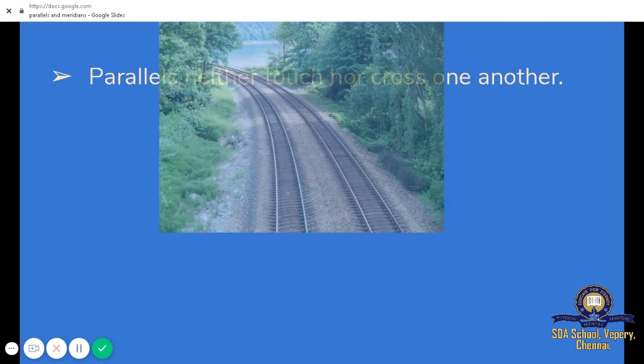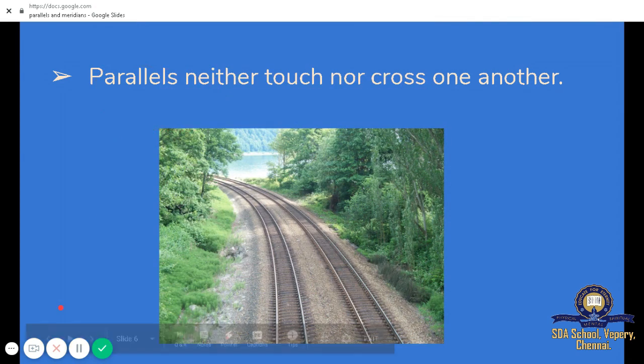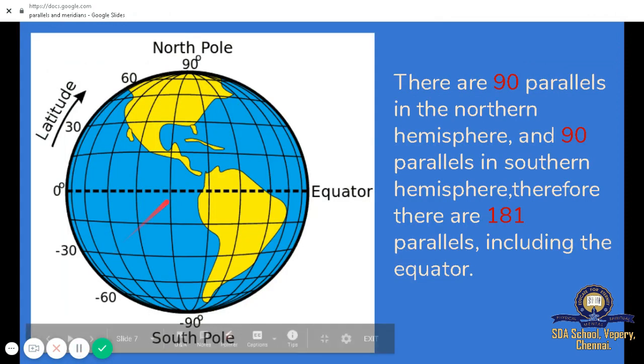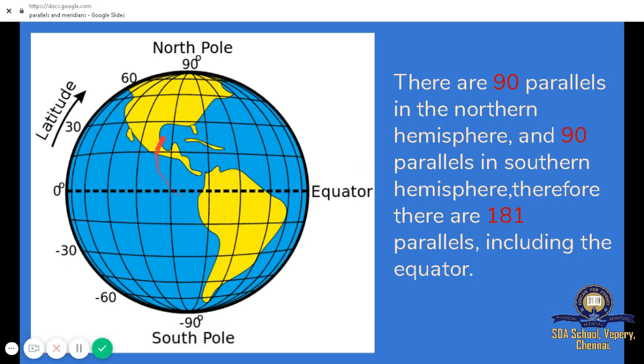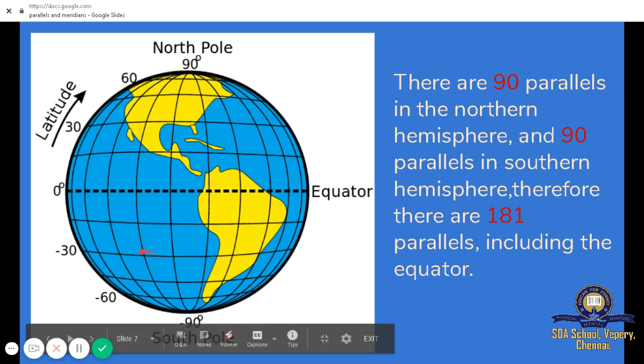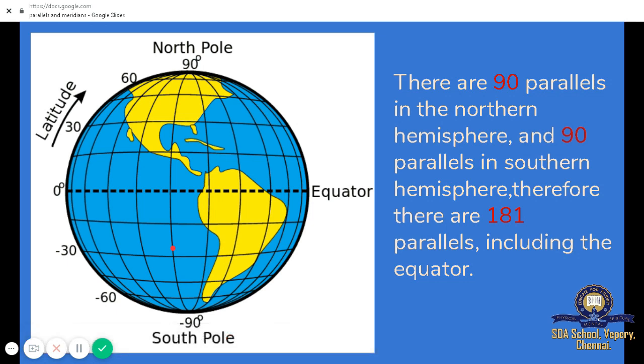The example for the parallels is railway tracks. Then there are 90 parallels in the northern hemisphere. That upper part, the north part of the equator, is called the northern hemisphere. It has 90 parallel lines. Likewise, the south part of the equator, the southern hemisphere, has 90 parallel lines.